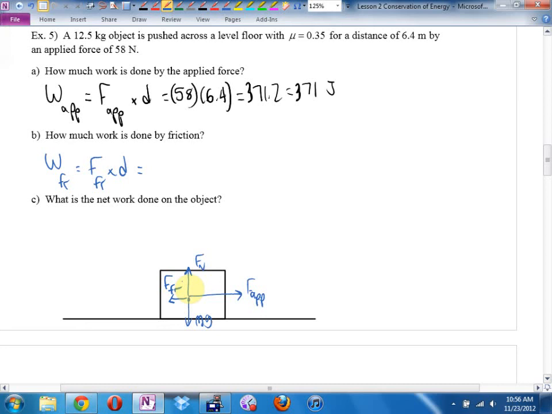Friction is what times what? I don't know the normal force. Oh, but look. I know another force the same size as the normal force. What? This time, friction is mu mg times the distance. It's going to be 0.35 times 12.5 times 9.8 times 6.4.